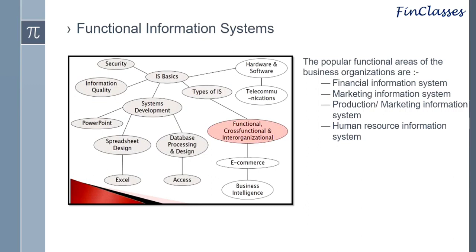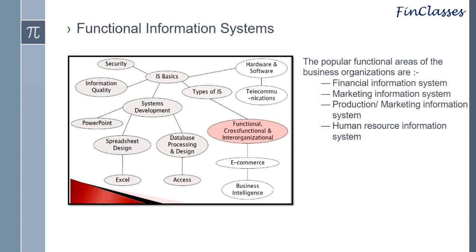So when you look at this, we started with information system basics and understood the types of information systems. Then today we are going to learn about functional information systems. Cross-functional and interorganizational systems we'll look into in the next classes. The popular functional areas of a business organization are basically the financial, marketing, production and human resource information systems.